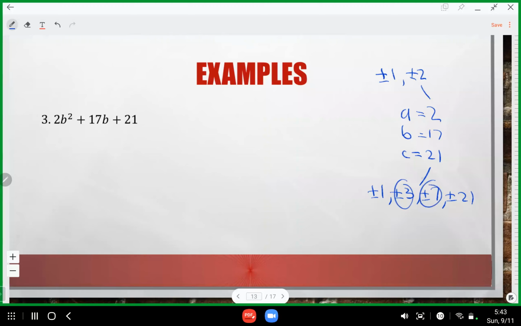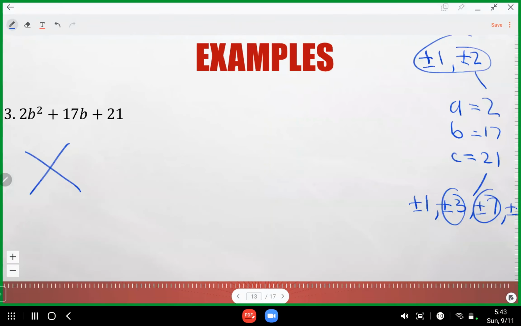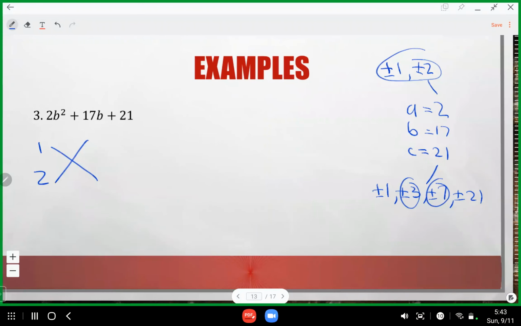So let's just choose 3 and 7, and we only have 2 to choose from here. So make a cross. Factors of 2 go on the left side. So let's do 1 and 2, right? And for 21, 7 on top and 3 on the bottom.